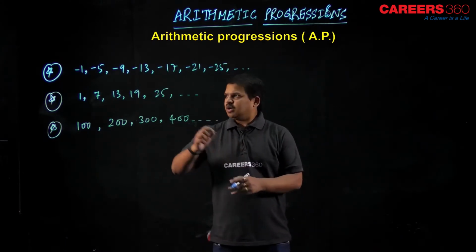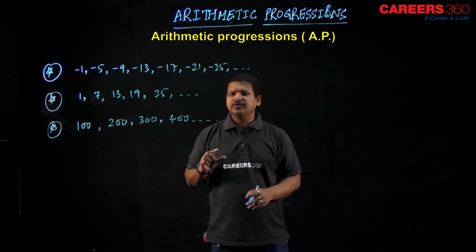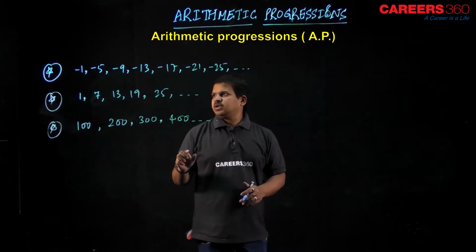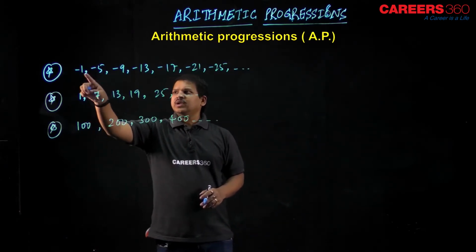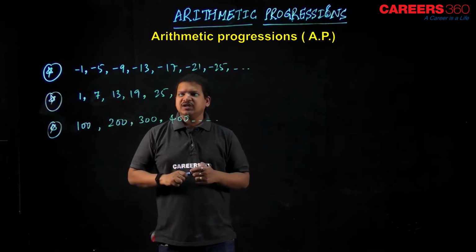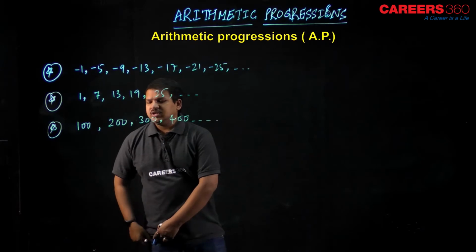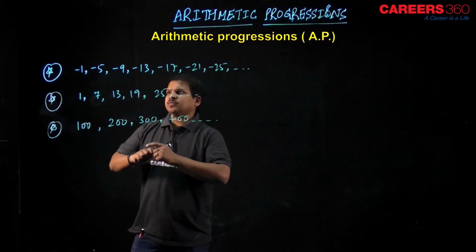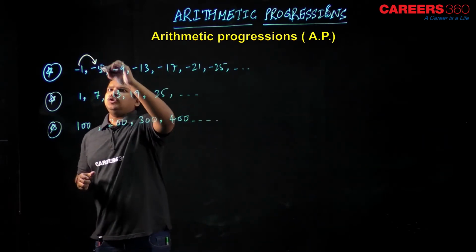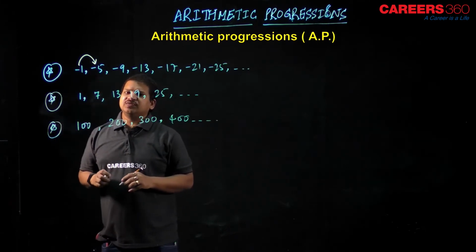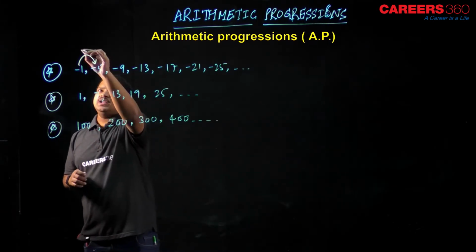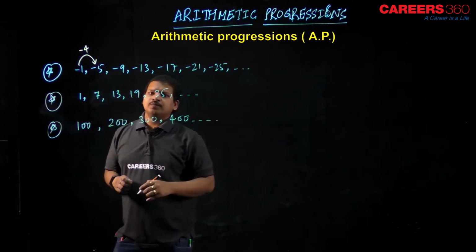I am sure you have already observed what is going on here. If you are recognizing what is the particular term that we keep on adding in between: if I want to go from -1 to -5, what I have to add is -4.